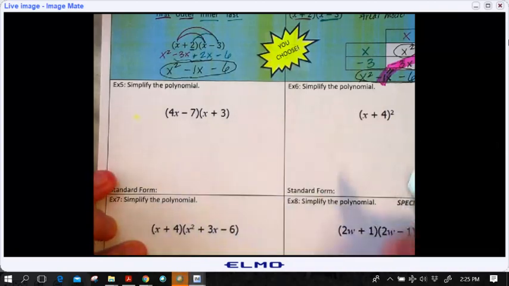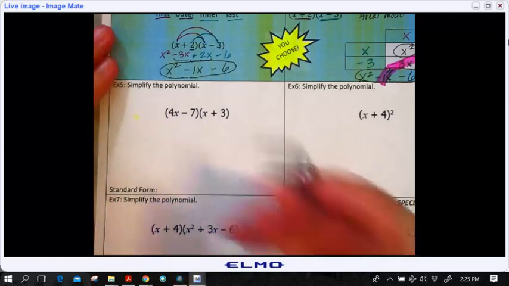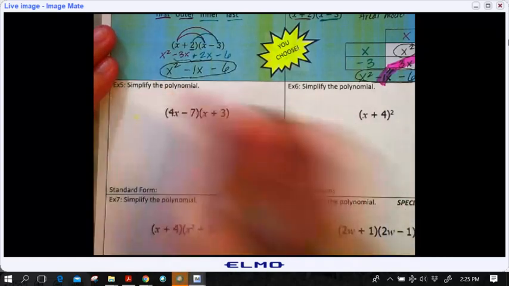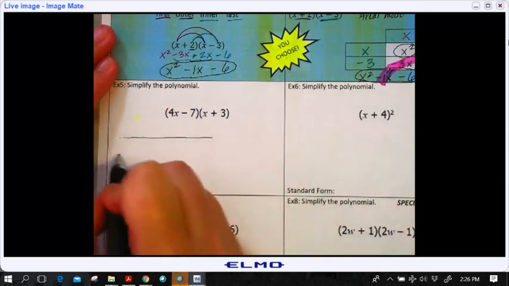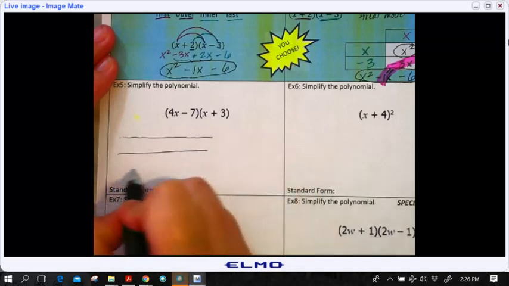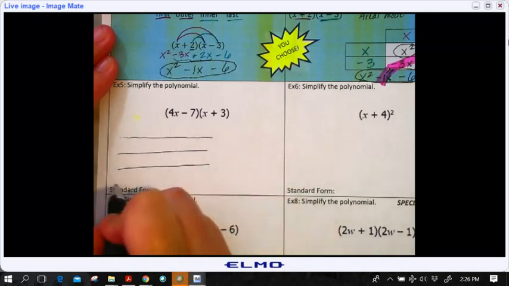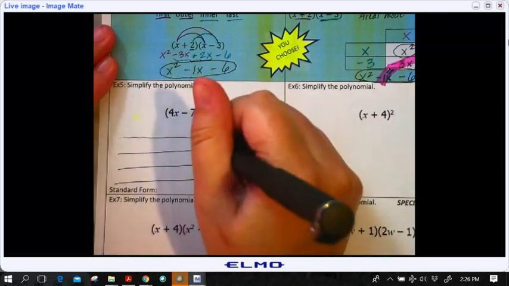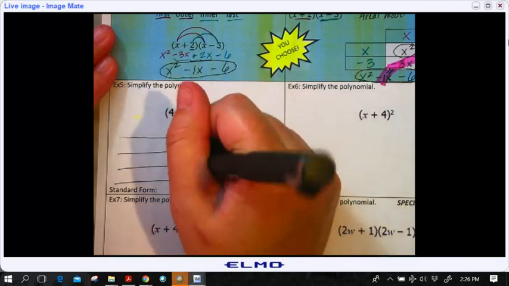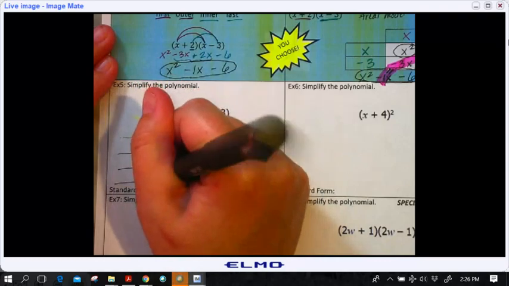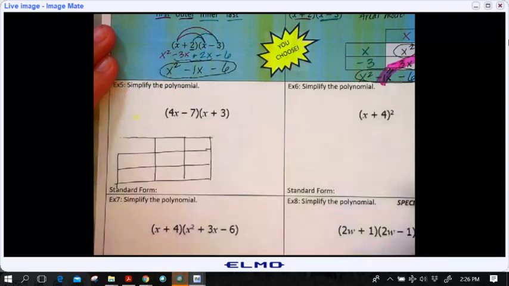Okay, so the box method. So let's just set one up together. So I am going to have a box like this. I'm not perfect. Okay.